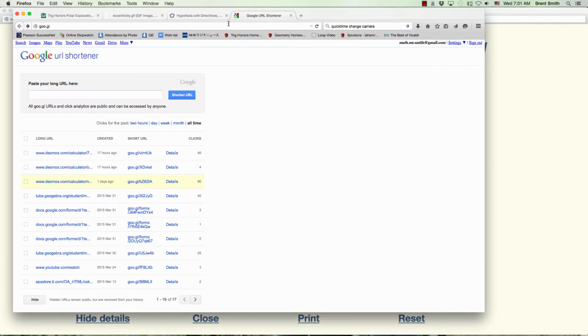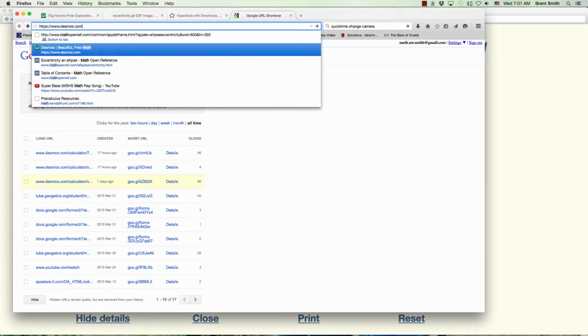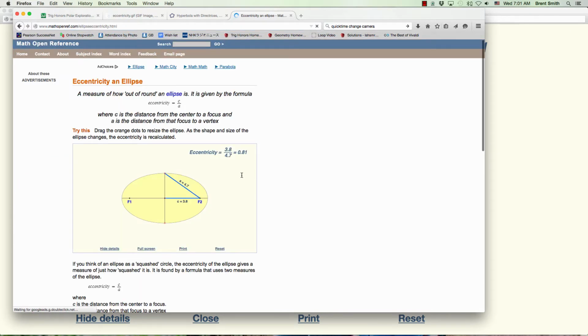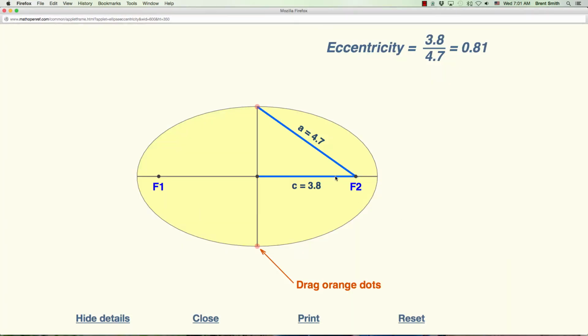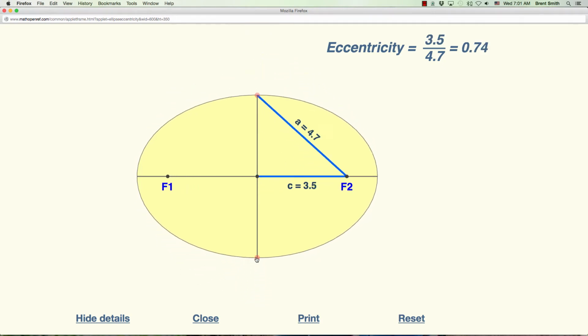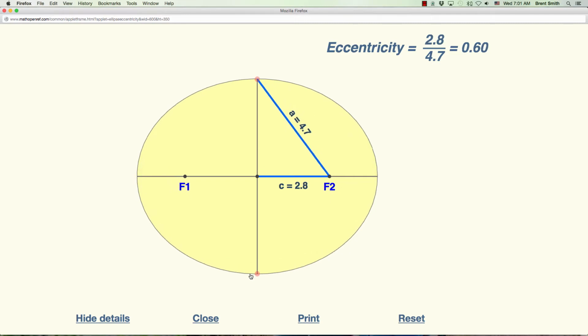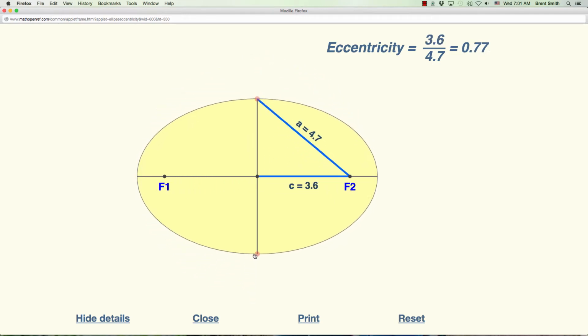For an ellipse, again, the same thing. If I make it a circle, my eccentricity is 0. It's not out of round at all. If I try to make it more out of round, I can increase it.